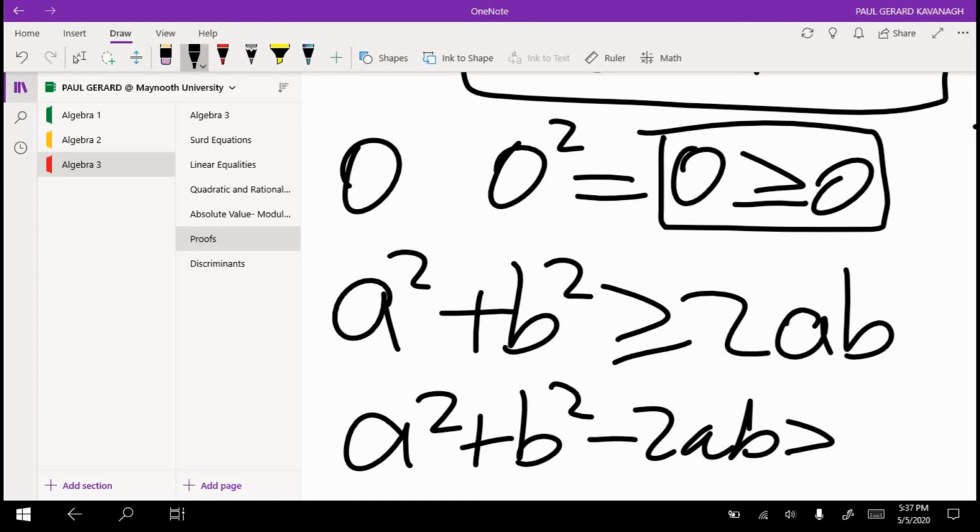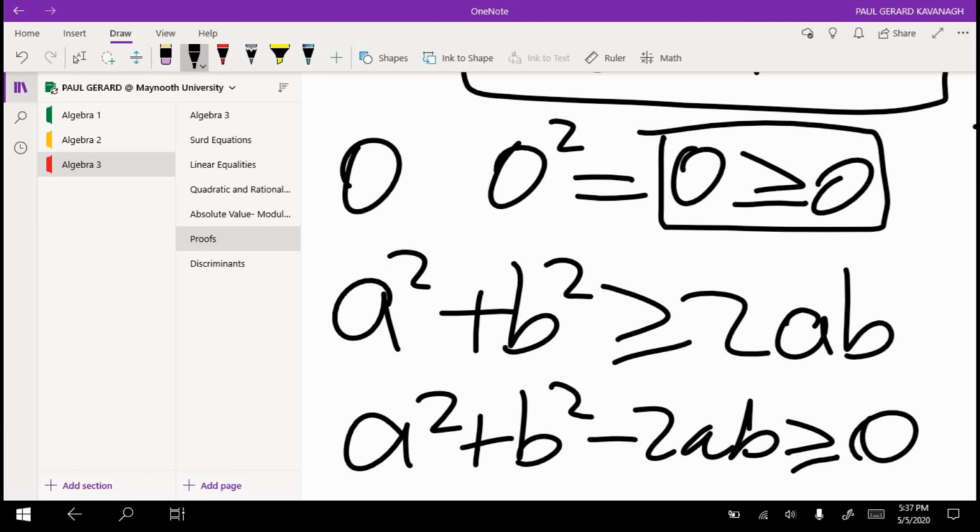And we know that, yes, they are, because let's just say we take 1 for a and 1 for b. So you have 1 plus 1, that's 2, minus 2, that's 0, that fits it. And you could say minus 1 and minus 1, it's going to be the same thing.